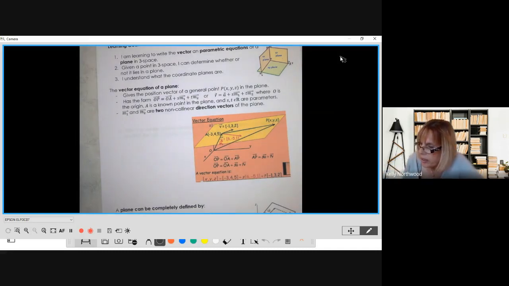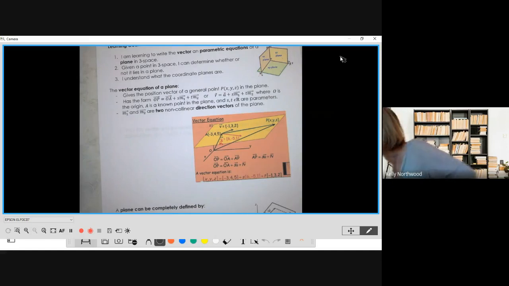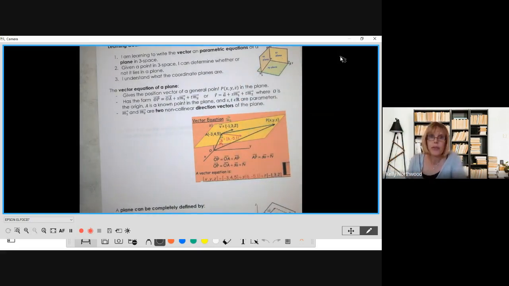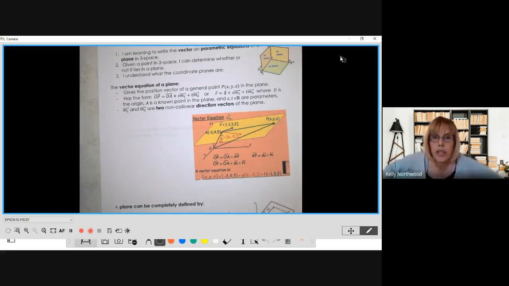And instead of calling vector V, vector V, I might call it vector M2. So U and V are really just two direction vectors for the plane. Whereas a line only needs one direction vector, a plane needs two direction vectors to define it.